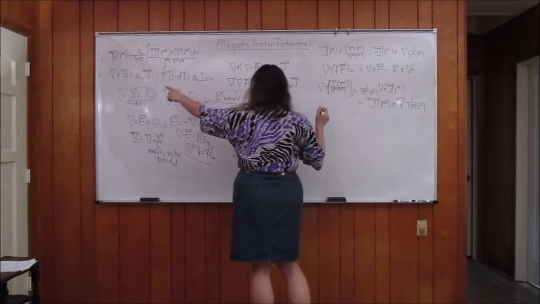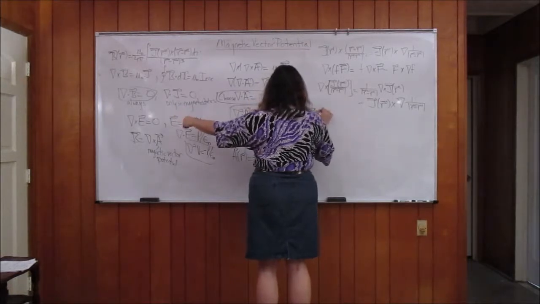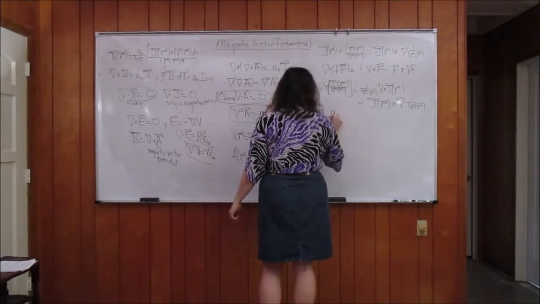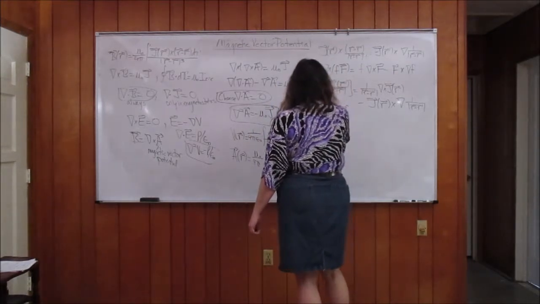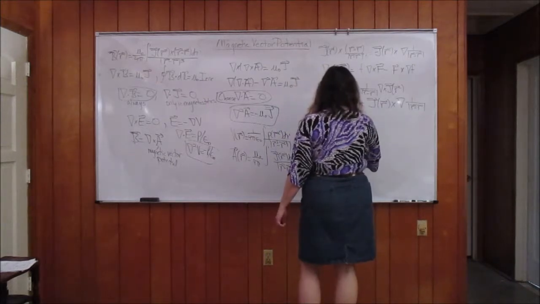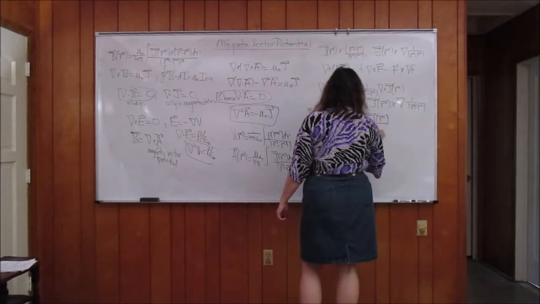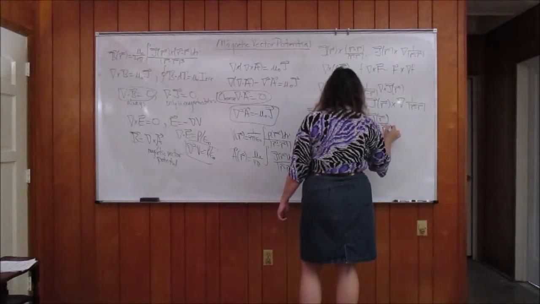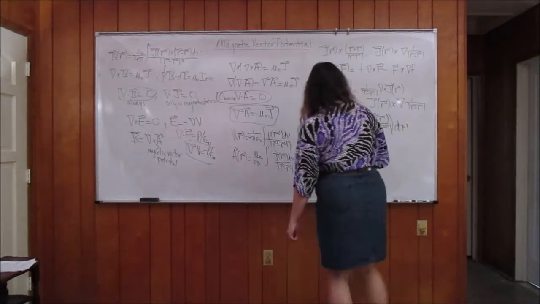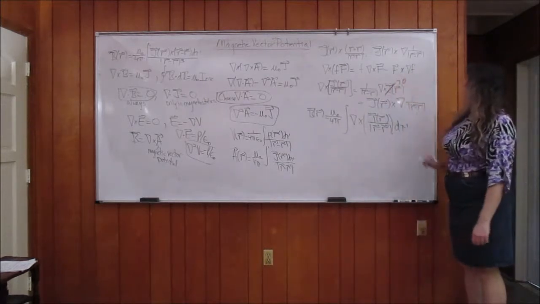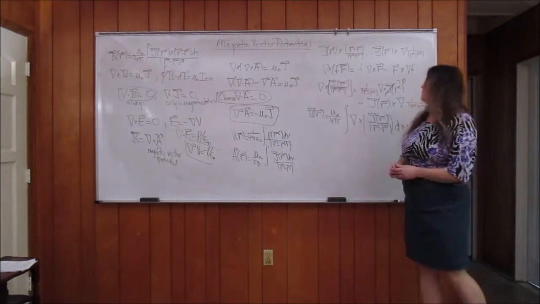So therefore, this term goes to 0. Why? Because we're taking the curl with respect to unprimed coordinates.